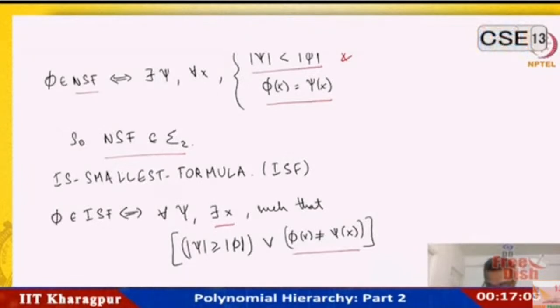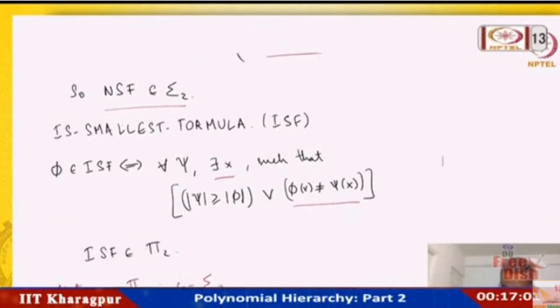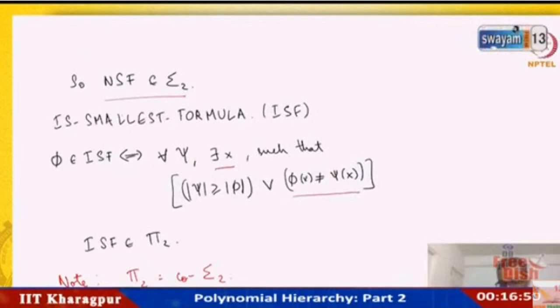Either they are not equivalent or psi is bigger. So this is a pi2 representation, because the for all quantifier comes before the there exists quantifier. The universal quantifier comes before the existential quantifier. So this is the pi2 language.